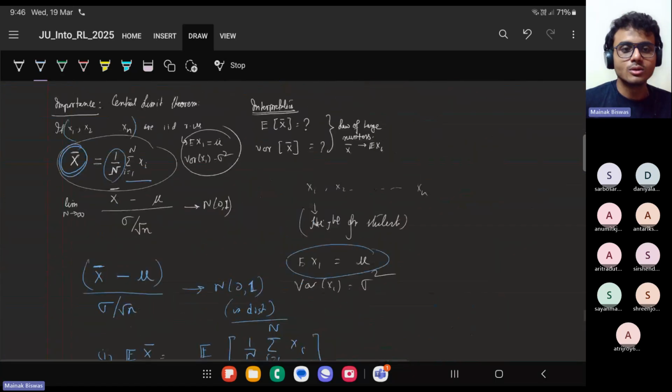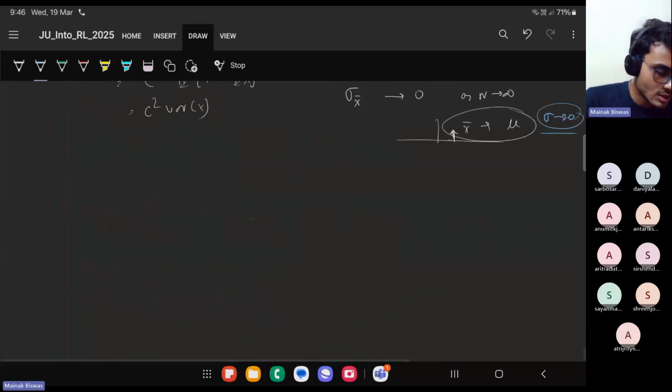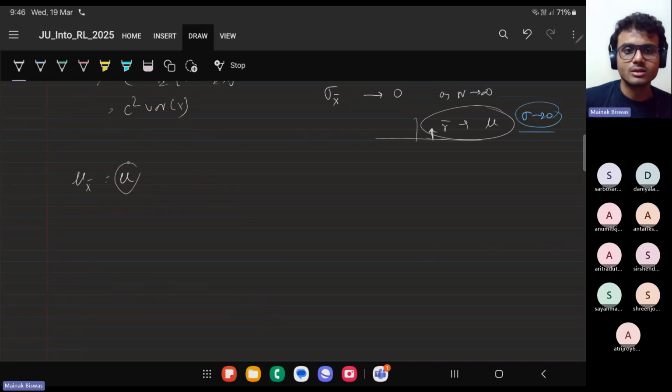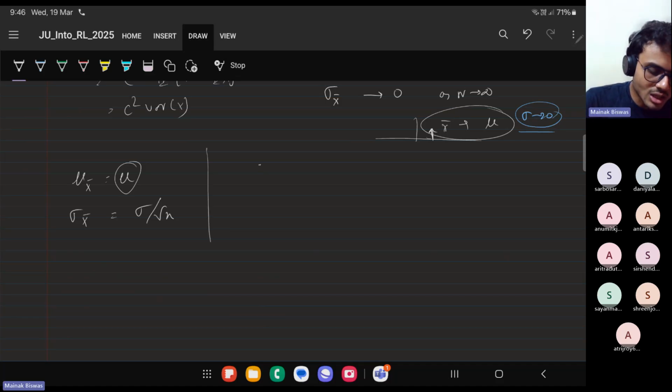Okay, so we saw that. So what is the mean of the distribution? Mu of x bar is still mu, right? And what is the sigma of x bar? That is sigma by root n, yes or no? Fine. What was the normal distribution formula? It was x minus mu by sigma, yes or no?